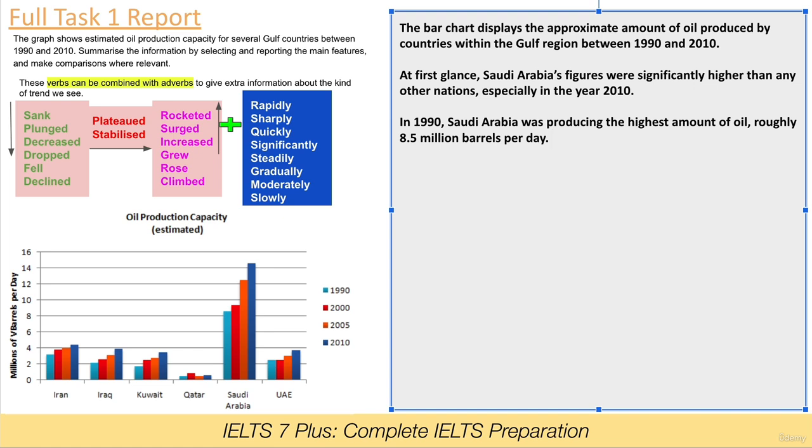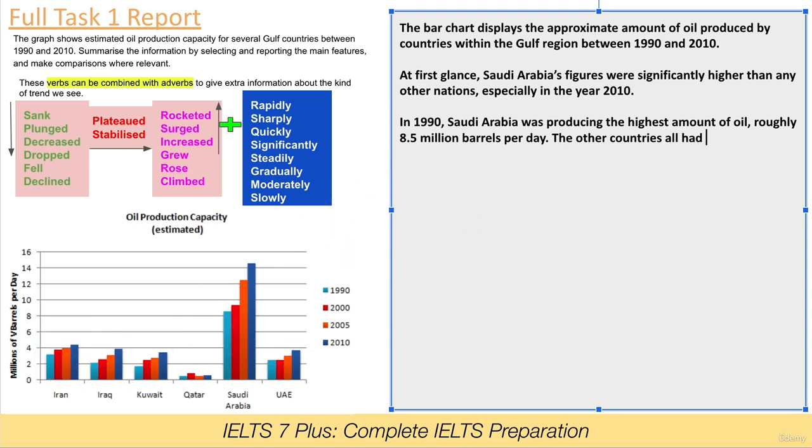Okay, so we've touched on Saudi, and then we could touch on, well, the UAE and Iraq are very similar, just above 2 million. The other countries, they were all below 4 million.